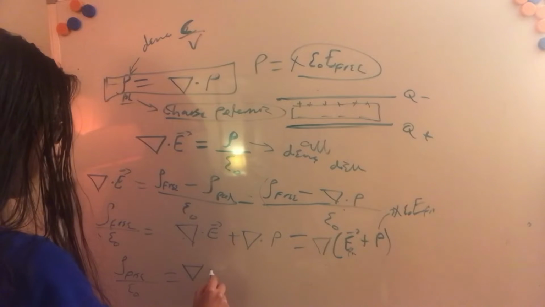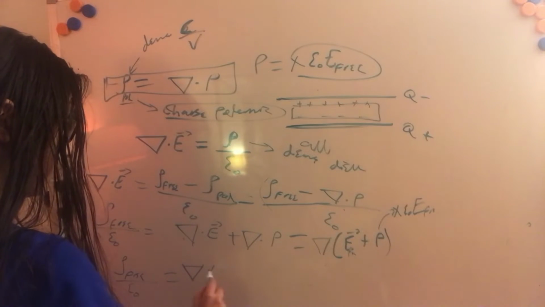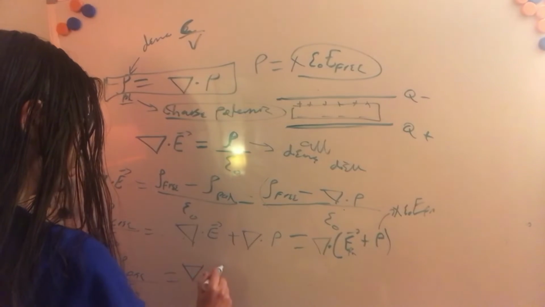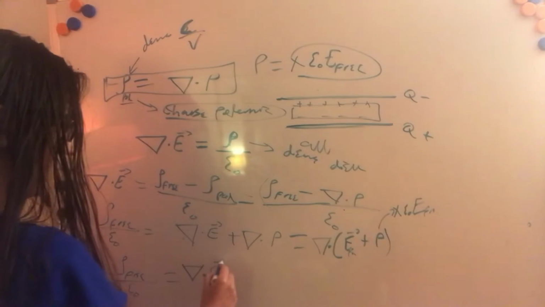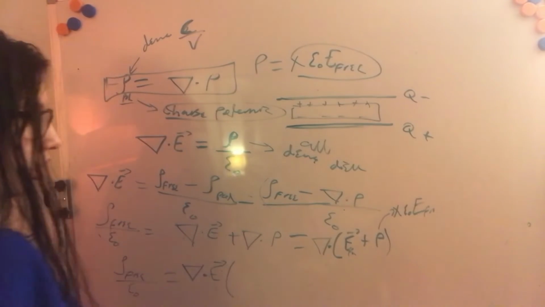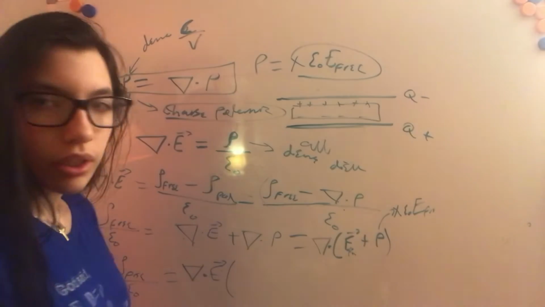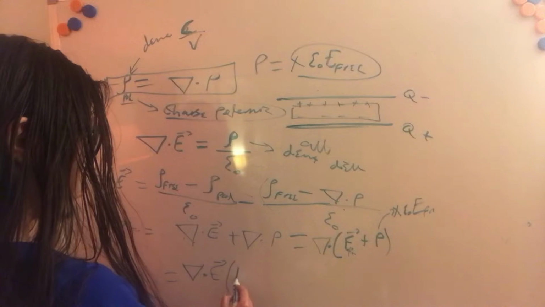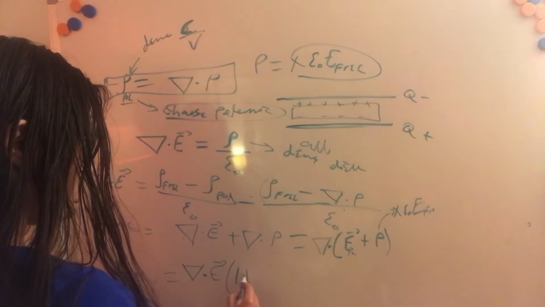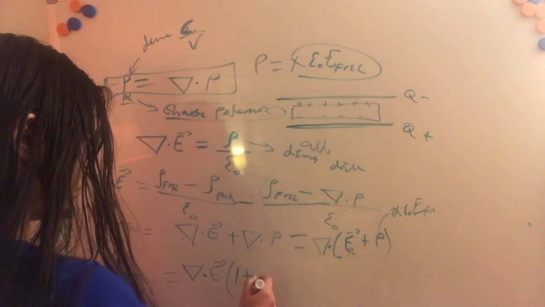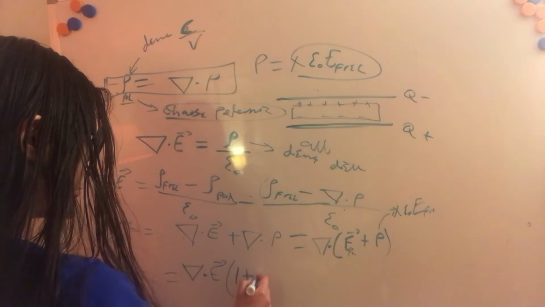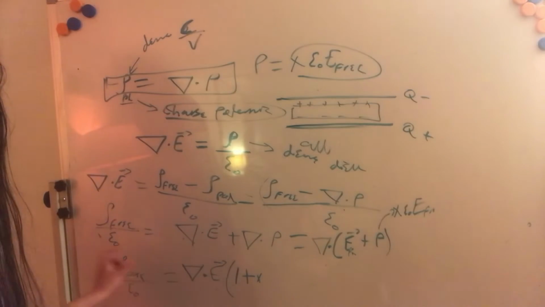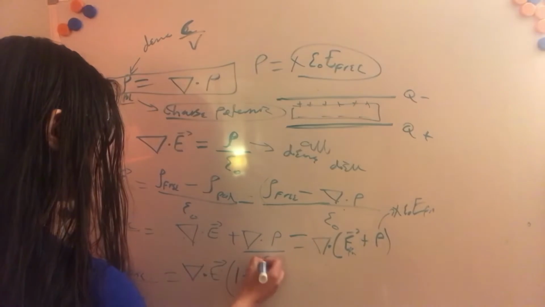of epsilon, here is the divergence of the electric field, the free electric field, or the electric field that was before the dielectric, times 1 plus, yeah, see here I forgot to divide it by epsilon naught.